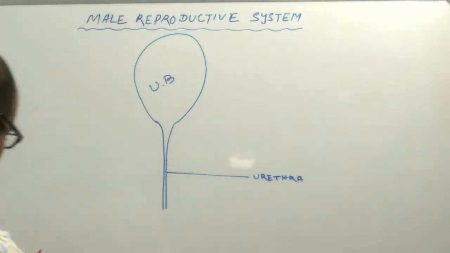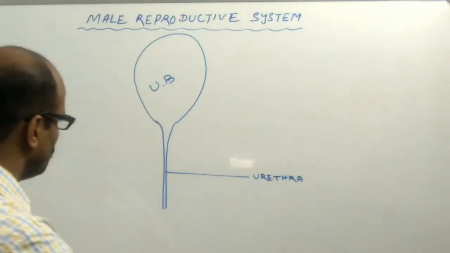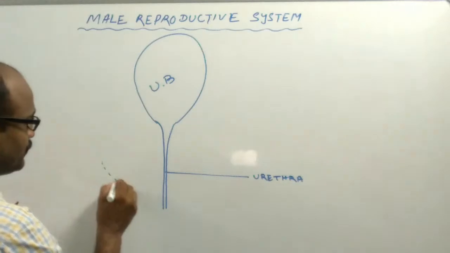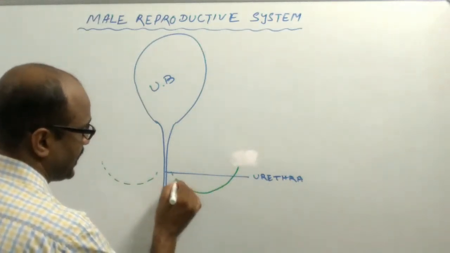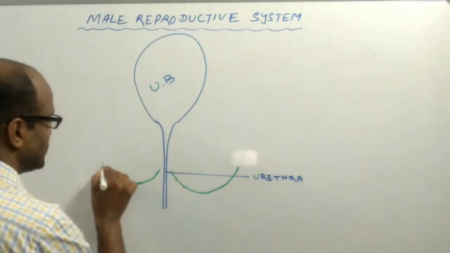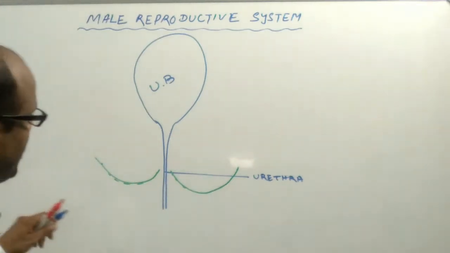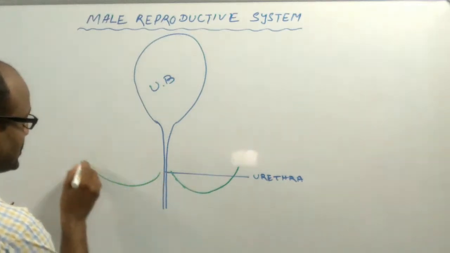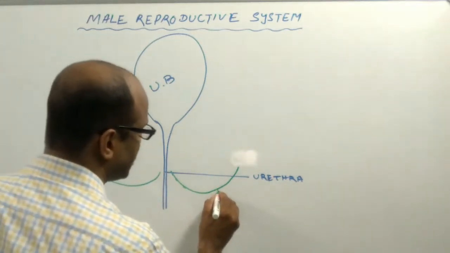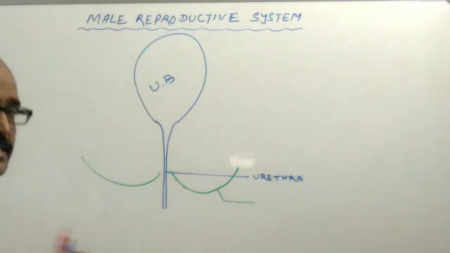As you know, in human beings there is a pair of primary sex organs, and these primary sex organs, which are known as the testes, are present inside a sac which is extra-abdominal.